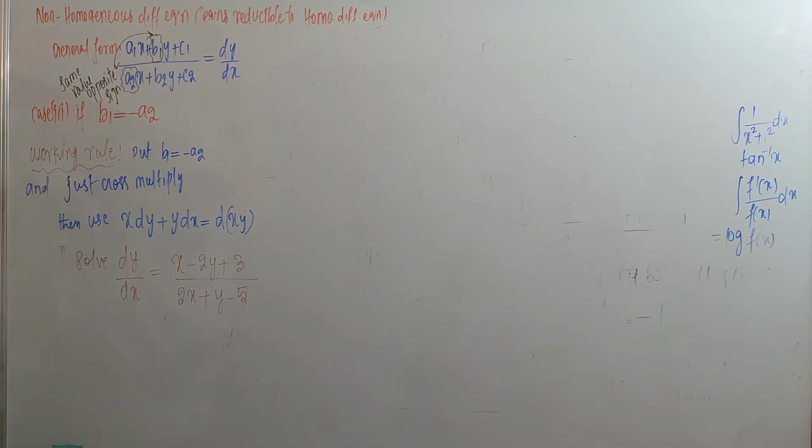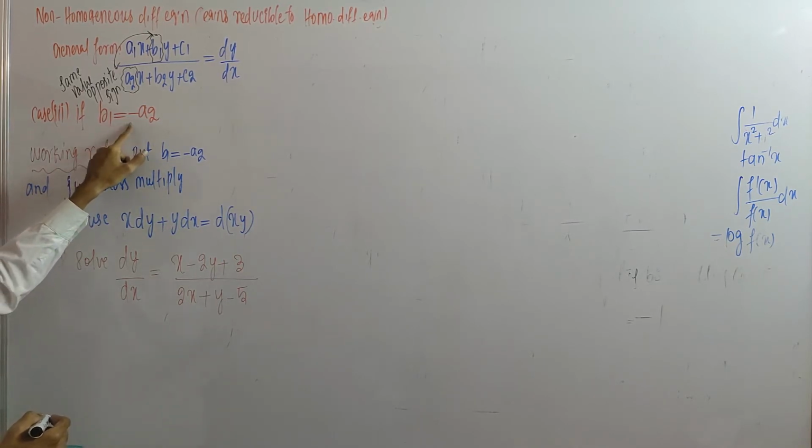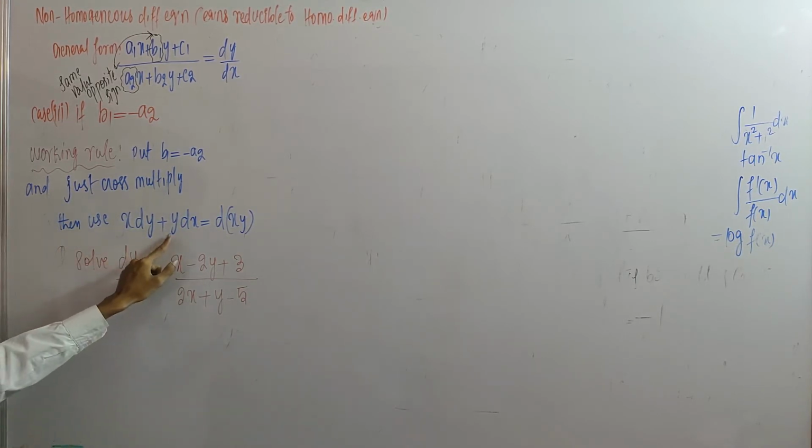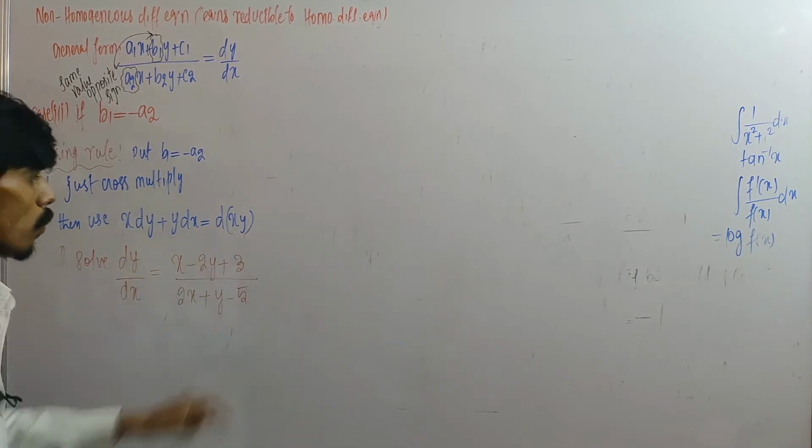Then we use this case 3. The working rule is to put b1 equal to minus a2 in this equation, cross multiply, and use the concept that x dy plus y dx is the derivative of xy.